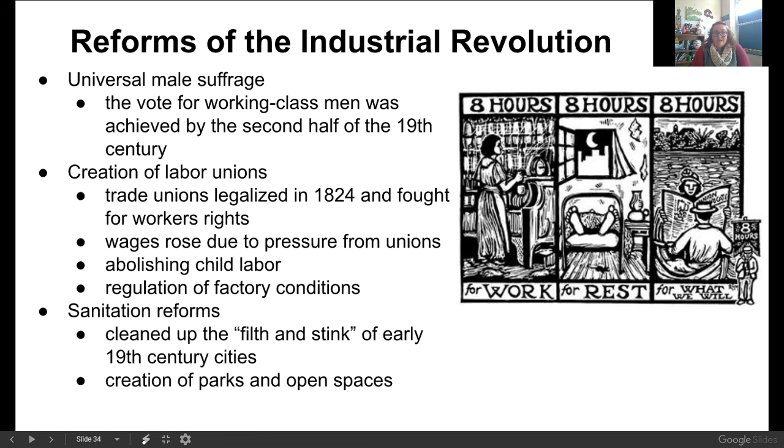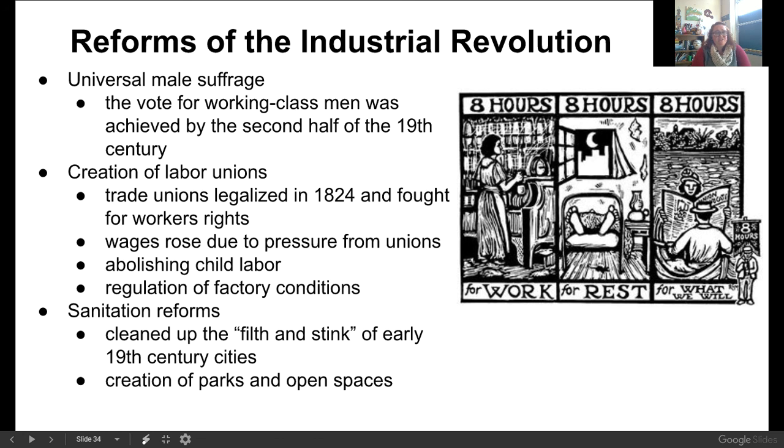So the reforms actually came in universal male suffrage. The vote for working class males was achieved by the second half of the 19th century in Great Britain. That's with the establishment of the lower house of Parliament. You have the House of Commons, and then you have the House of Lords. The House of Commons is supposed to be for the everyday working person.